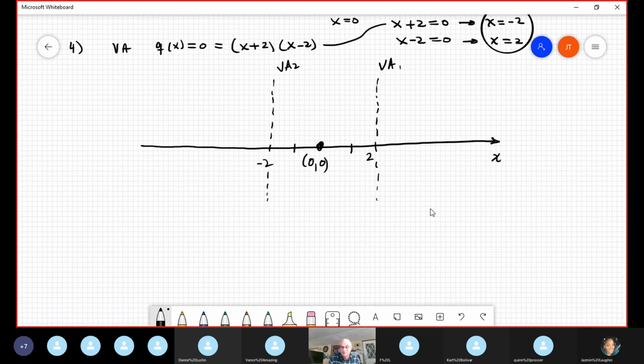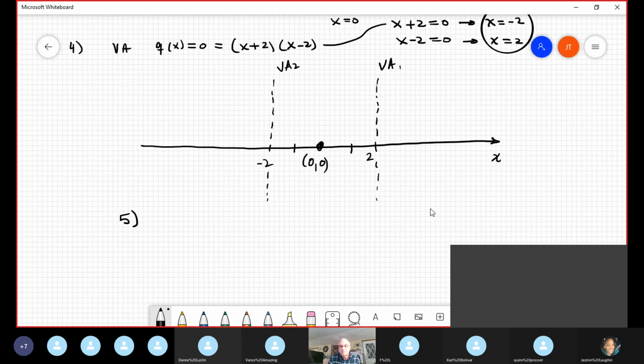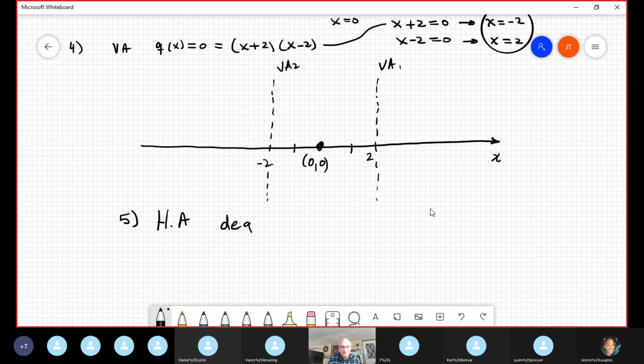What is step number 5? Horizontal asymptote. Very well. Now remember, we are doing the analysis of the degree. Okay, I come back to the beginning.